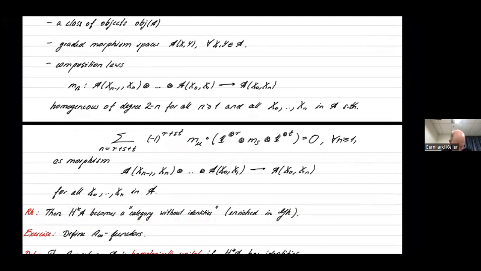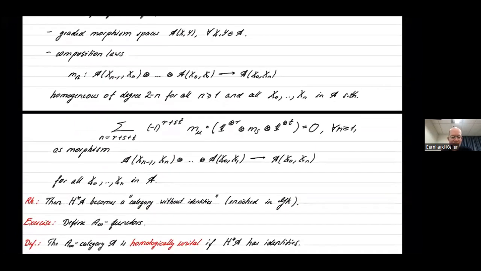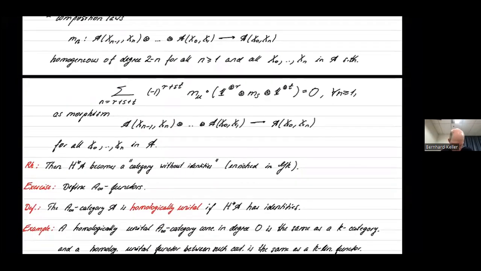And then as an exercise, you can define A-infinity functors by taking the definition of an A-infinity morphism between A-infinity algebras and passing from one object to several objects.